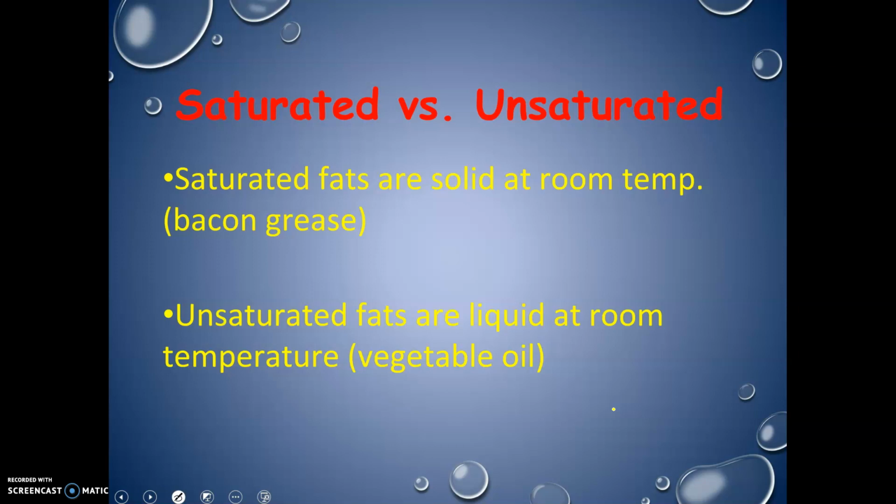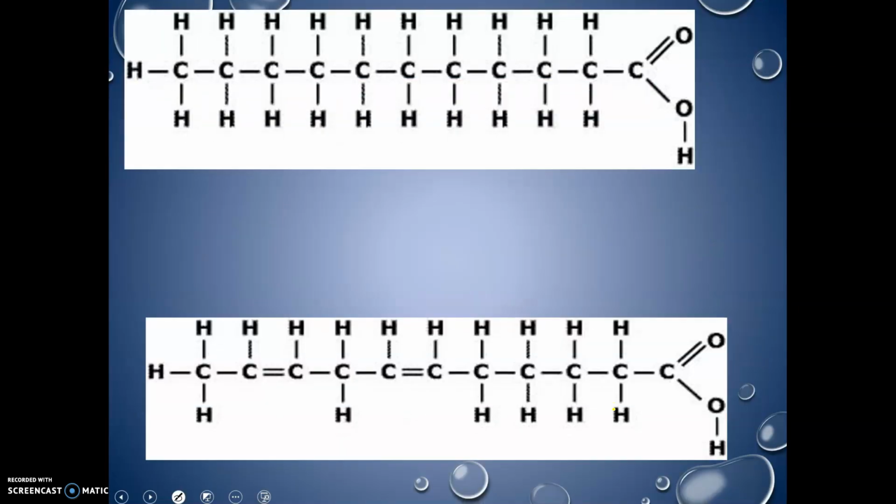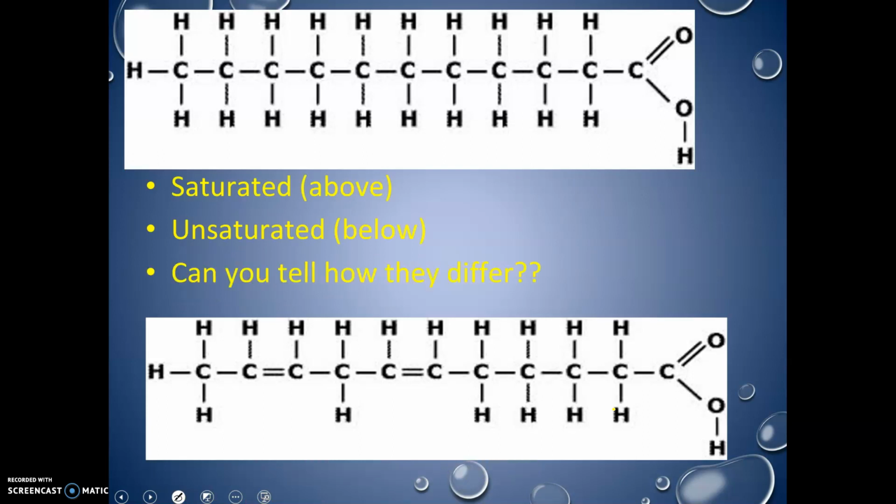Now, what makes them saturated versus unsaturated? Well, here's a picture. These are 2 fatty acids. Notice how they're long chains of just carbon and hydrogen. So what's the difference between them? Well, if you look closely, you see how this one has these little equal signs here. These little equal signs are actually double bonds.